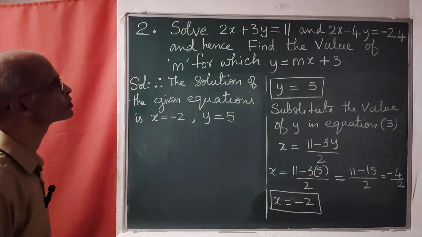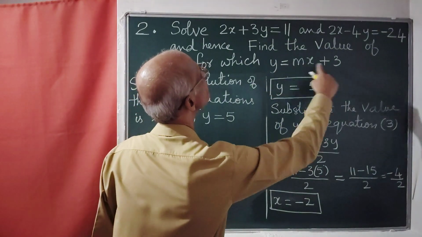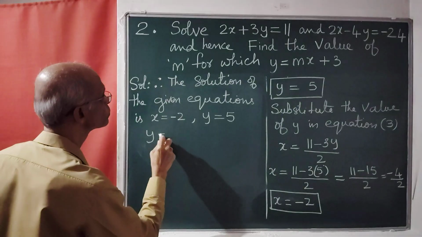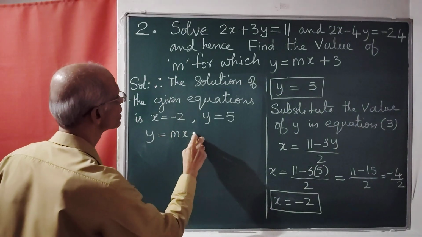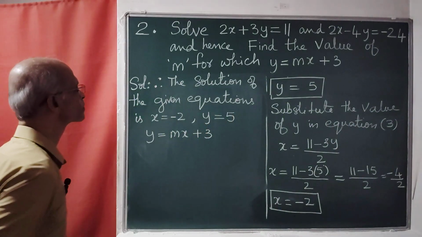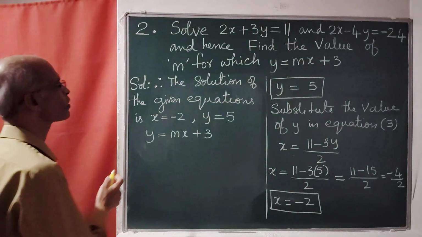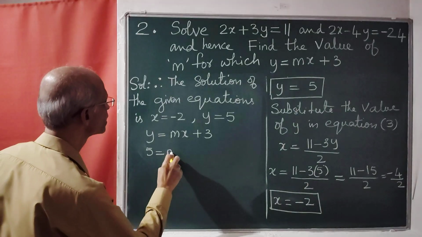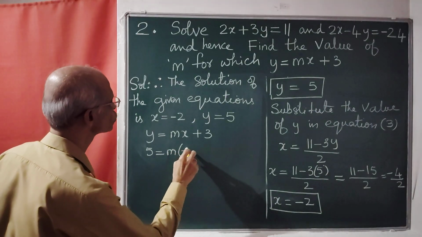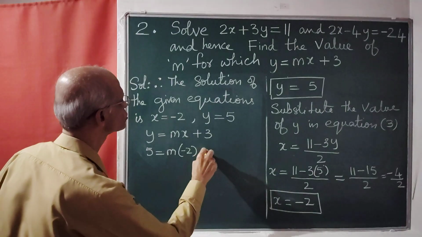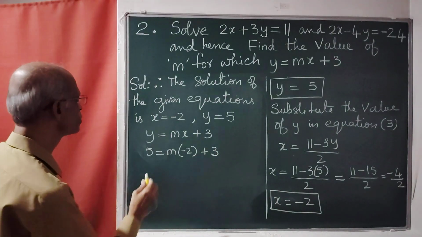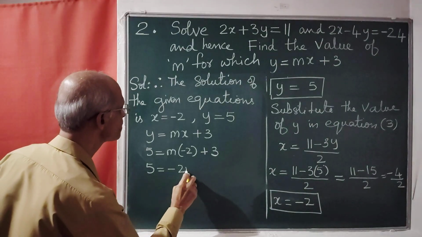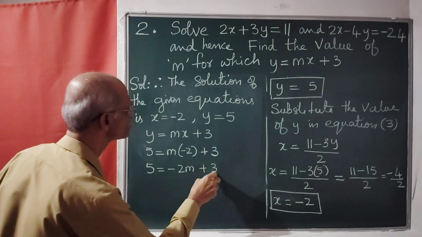Now, we have to find out the value of m in this. So, y is equal to mx plus 3. The value of y is 5 here. 5 is equal to m into minus 2, plus 3. 5 equal to minus 2m plus 3.